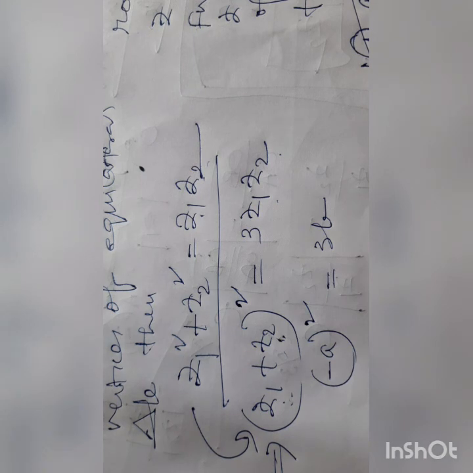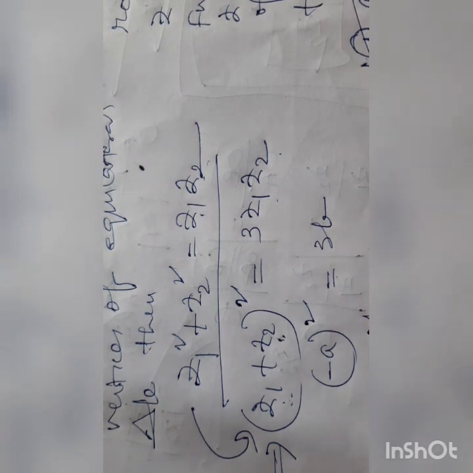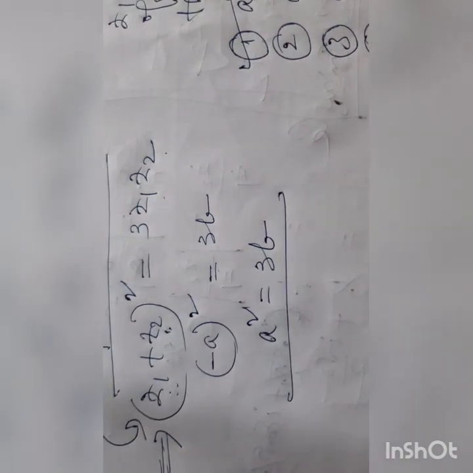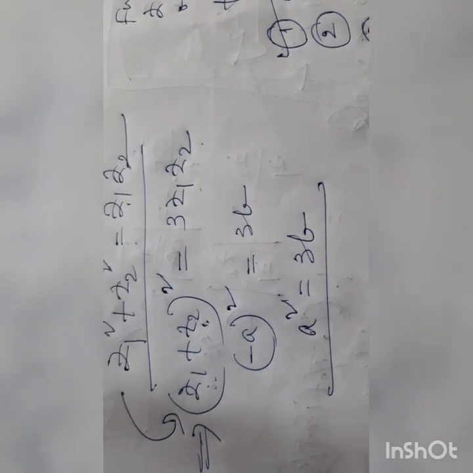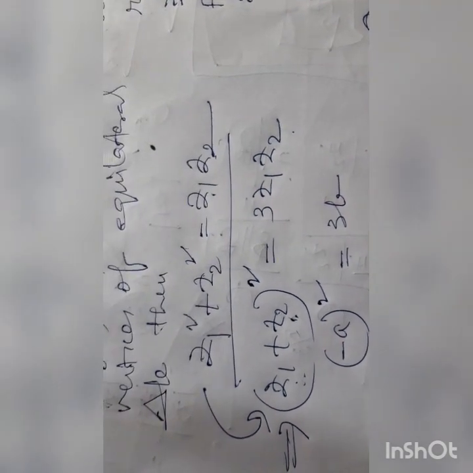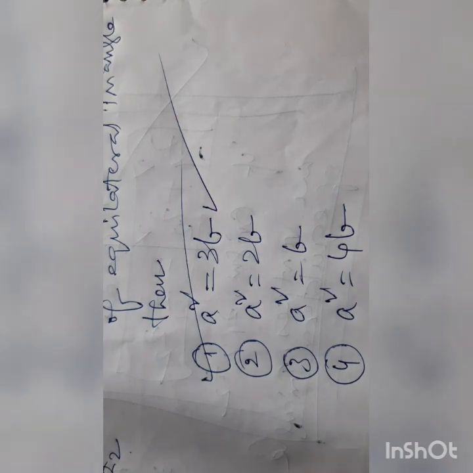So A square equals 3B. That is our first option, right?